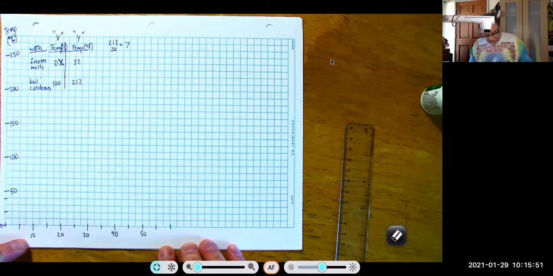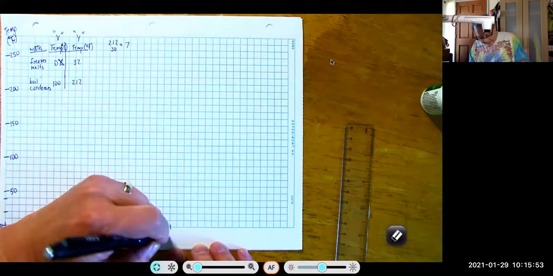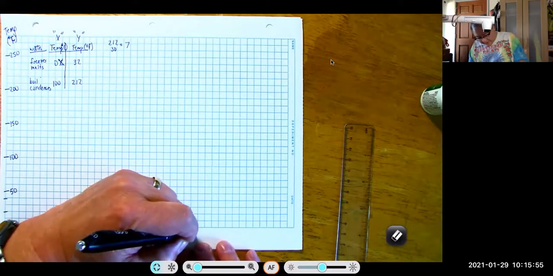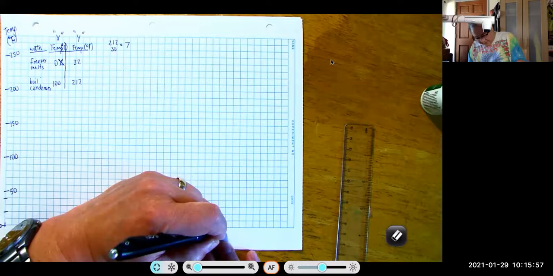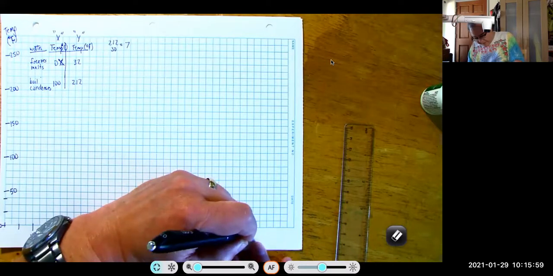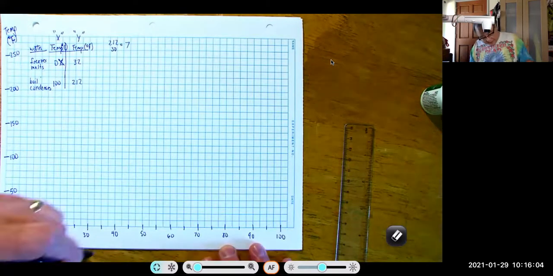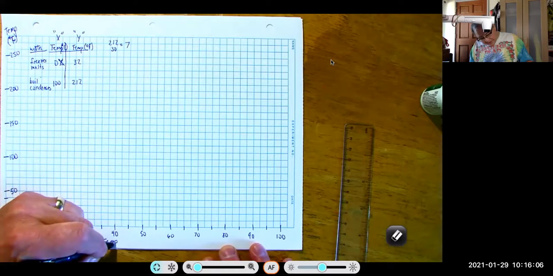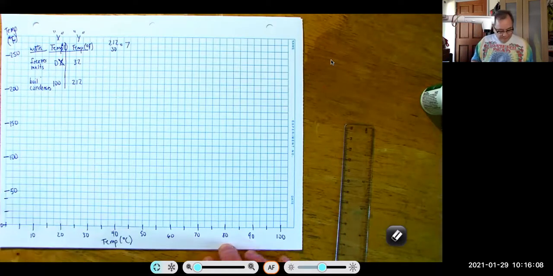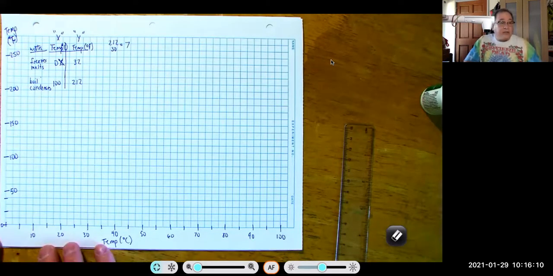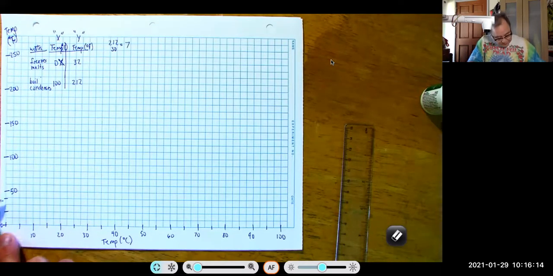10, 20, 30, 40, 50, 60, 70, 80, 90, 100. And I'm going to call this temp and degrees Celsius. So next we want to plot these 2 points. So I'm going to do 0, 32.